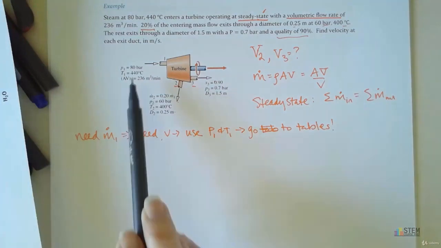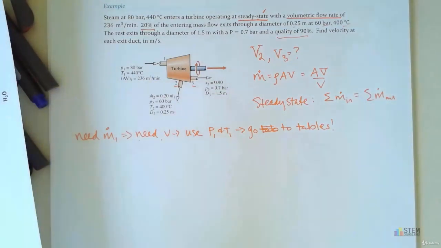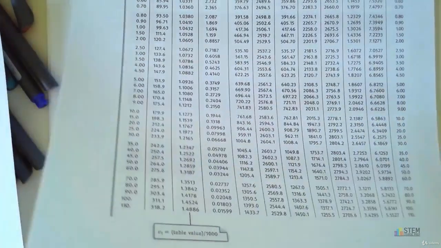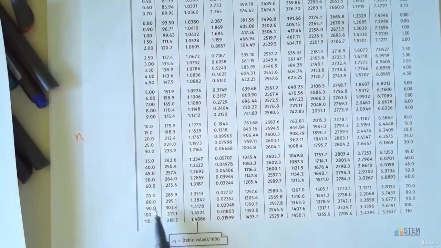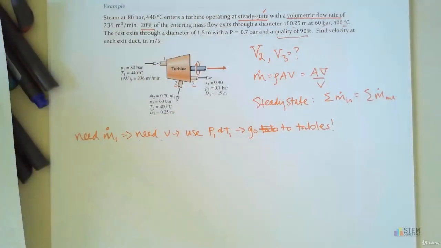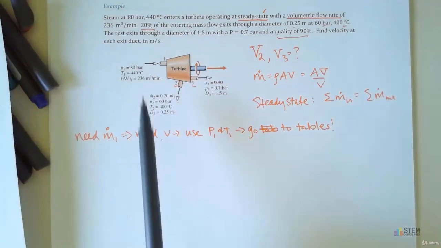For our tables, we got our pressure and our temperature, so let's come over here. This is the saturated water table, just to show you how we get to superheated vapor. So our pressure was 80, and this is our saturation temperature. Okay, so 295.1. Now we need to compare that with our temperature, which is higher than that.